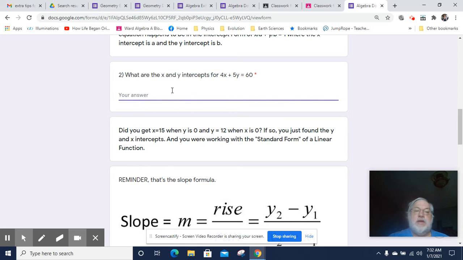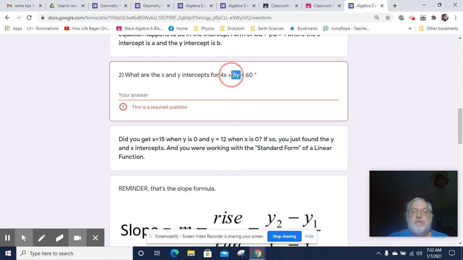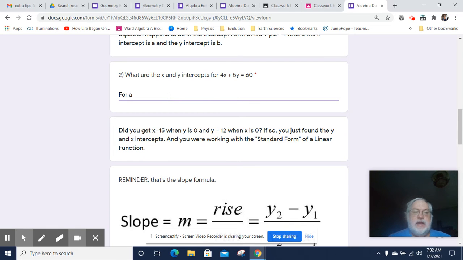Okay, what are the x and y intercepts for this one? Well, remember the x-intercept is when y is 0, so we ignore the 5y part because that's 5 times 0. So for the x-intercept, for a, we just say 4x plus 5 times 0 equals 60, and we solve for x.